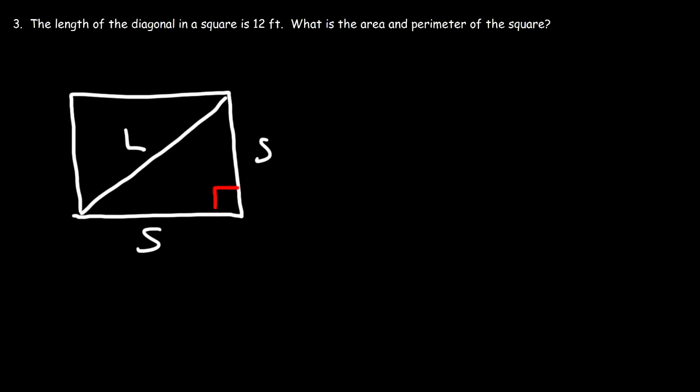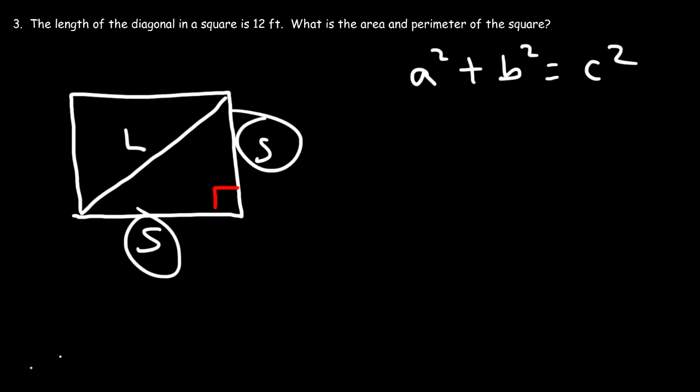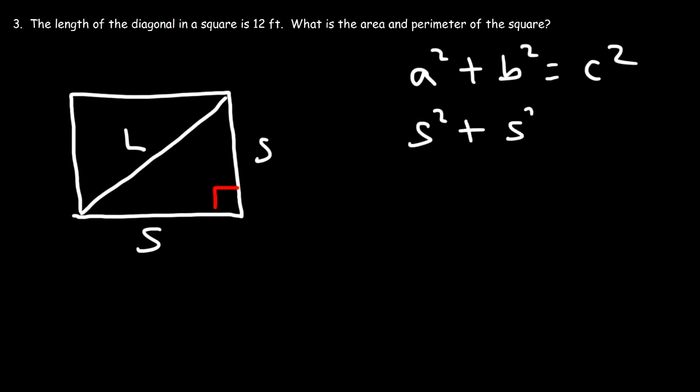Notice that this forms a right triangle. And so we could use the Pythagorean theorem, a squared plus b squared equals c squared, where c is the hypotenuse. a and b, they're both equal to s. So we have s squared plus s squared is equal to L squared. And so 1s squared plus 1s squared is 2s squared.